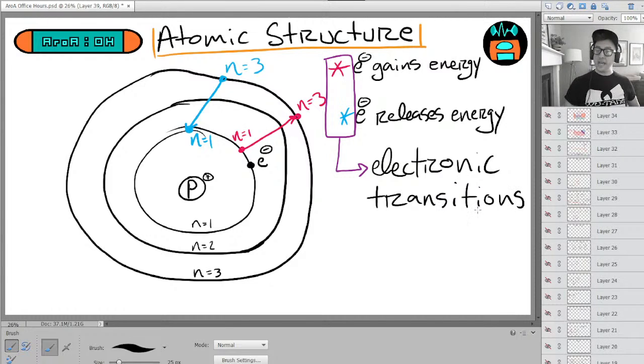You can gain energy, that's one transition. You can release energy, that's another transition. And the electrons are constantly doing this. As they absorb energy, they hop out to higher energy shells farther from the nucleus. Then they relax, releasing that energy, jumping down to a lower energy shell. It's constantly happening all around us.